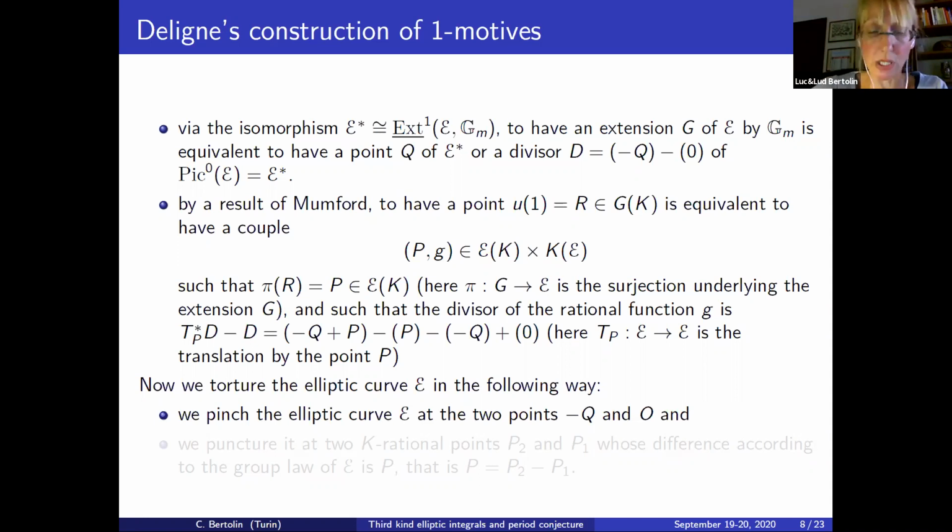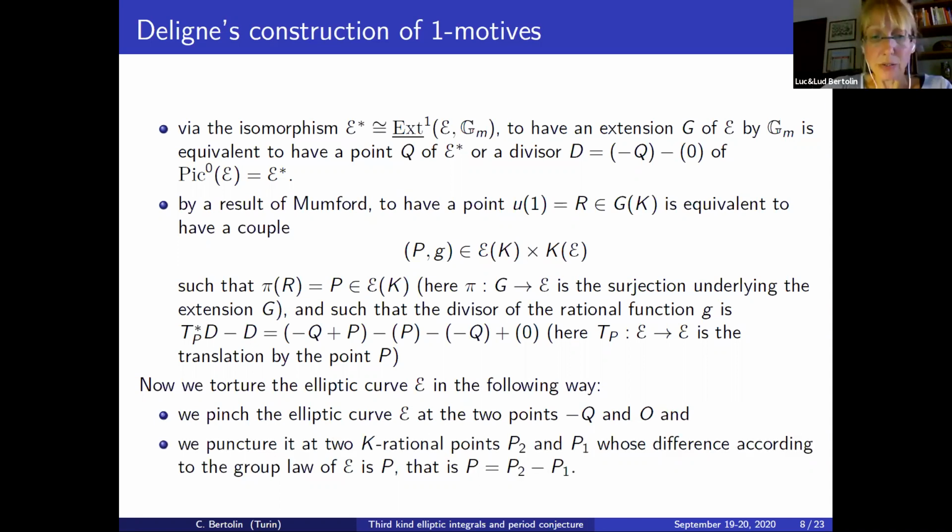We have first to pinch the elliptic curve at the 2 points, minus Q and 0, and then to puncture the elliptic curve at 2 rational points, P2 and P1, whose difference, according to the group law of the elliptic curve, is the point P. This is the original construction of 1-motives given by Bertolin in Théorie de Hodge 3.